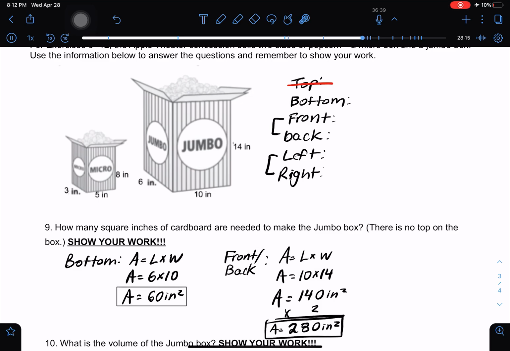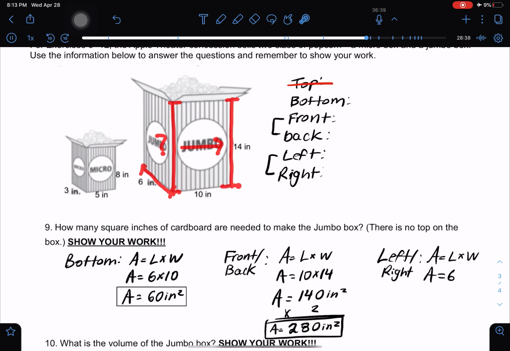And last but not least, we have to solve for the left and the right. Area equals length times width. Here, we see that one side length is 6. Even though this is not labeled, we know that because this edge is parallel to the opposite side that's labeled as 14, we can take that number and plug it in.